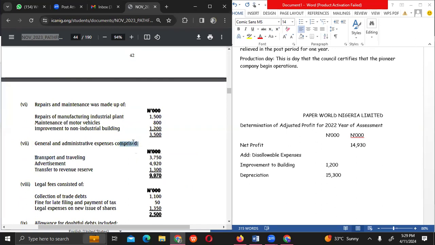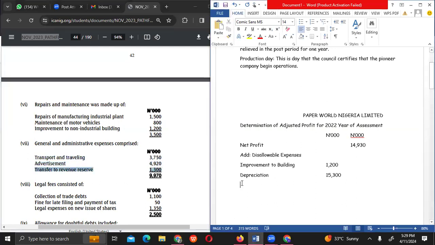We have transport and traveling allowed, advertisement allowed, transfer to revenue reserve disallowed, right? How much? 1,300.